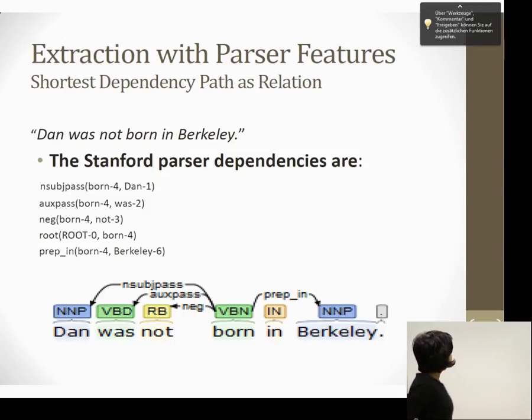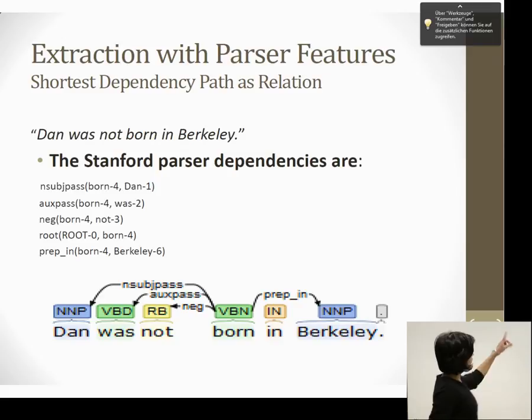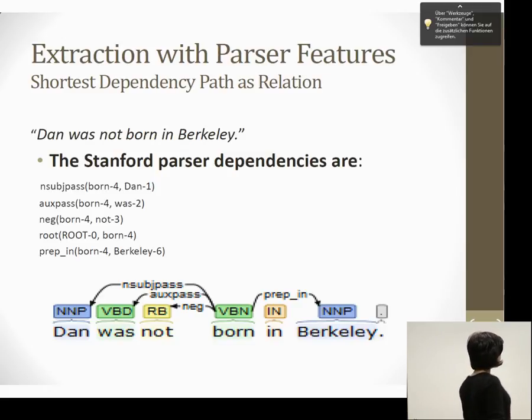For example, if we have "Dan was not born in Berkeley," here we will see how parser features work. For this sentence, by using the Stanford parser, we get these formulas.